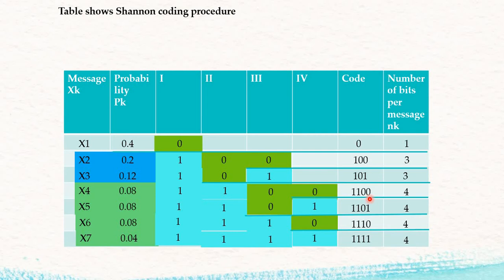Now one thing you observe from this table: message x1 has a probability of 0.4 and the number of bits comes out to be 1, and for the last code the probability is 0.04 and the number of bits comes out to be 4. What it indicates is that with a decrease in probability, the message with lower probability carries more bits per message. So in this way we draw the Shannon-Fano table.